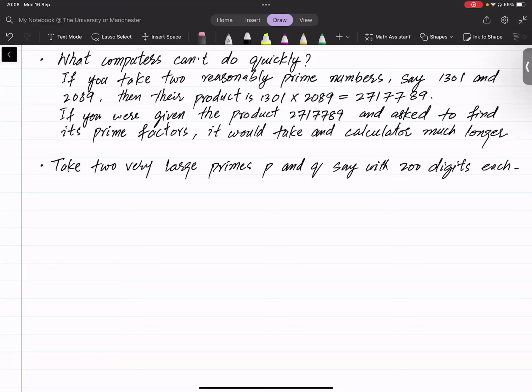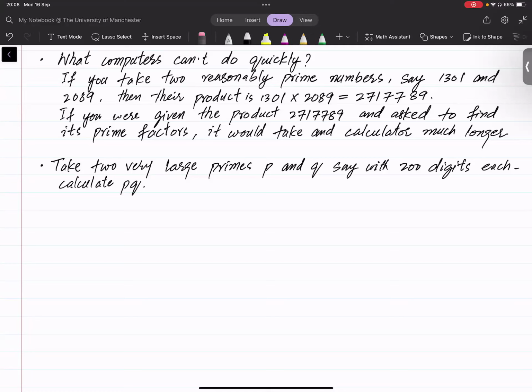We have outlined in chapter 14 how we can find such primes. Calculate their product.